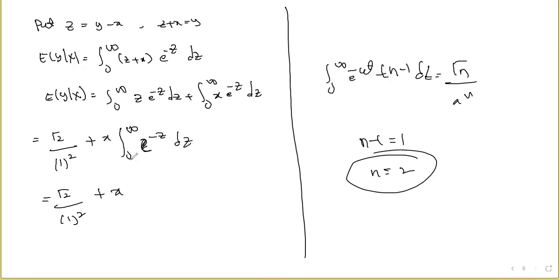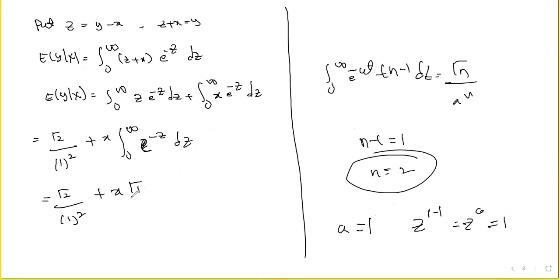integration 0 to infinity, e power minus a z. So instead of a we have again a equal to 1, but z power should be n minus 1, and here n equal to 1, right? Can I write z power 1 minus 1, because z power 0 is nothing but 1. So here n equal to 1.